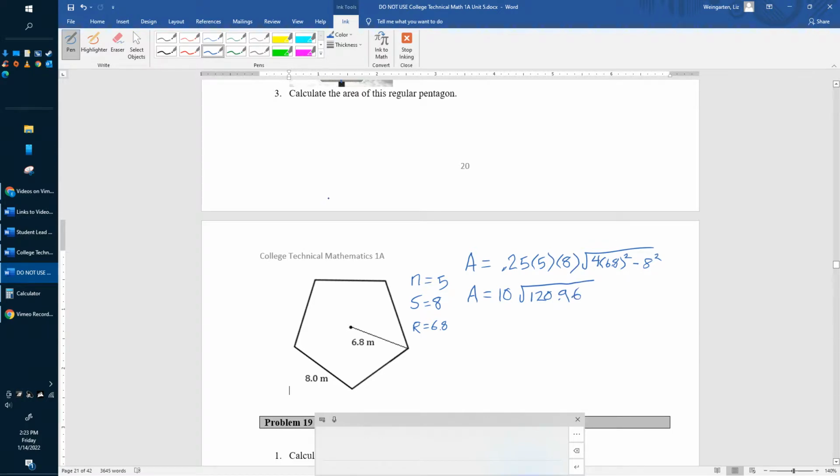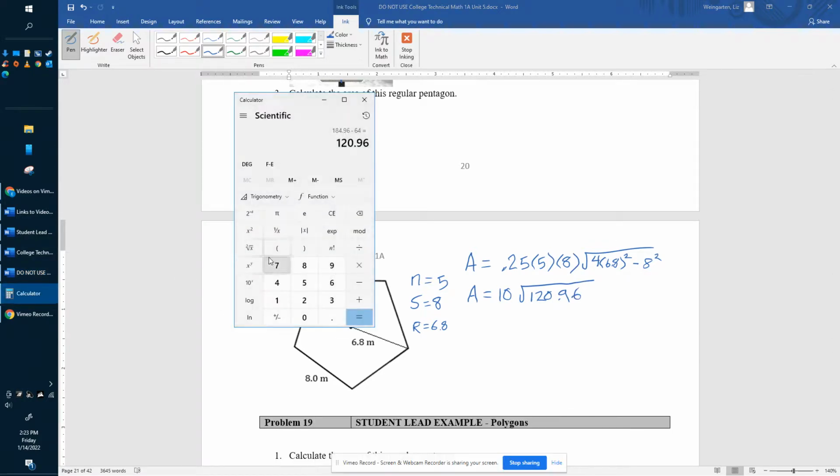Now we have to take the square root of that and multiply it by 10. And we get about 110 meters squared.